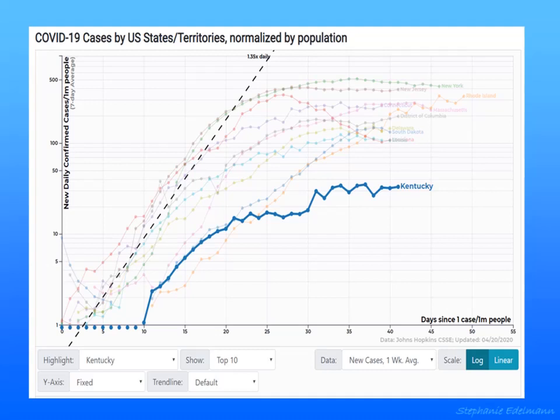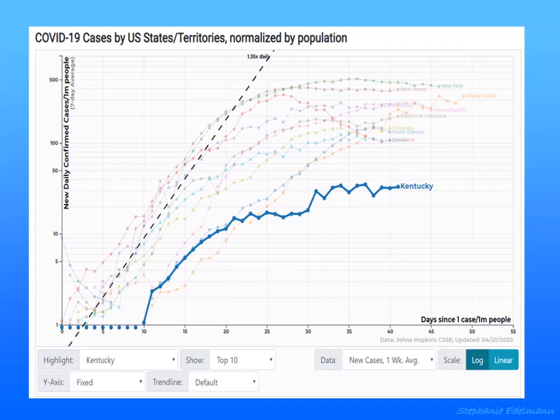This is new cases, weekly average, with Kentucky, and this in fact is semi-log paper. You recognize the cycles? On the left, you see the 1 and the 10 and the 100, and then the 1,000, but we didn't get that far. So yes, we are looking at semi-log paper all the time these days.